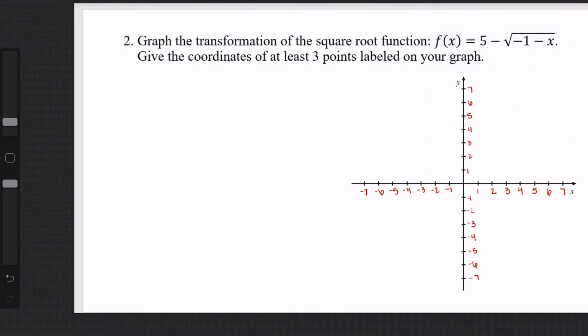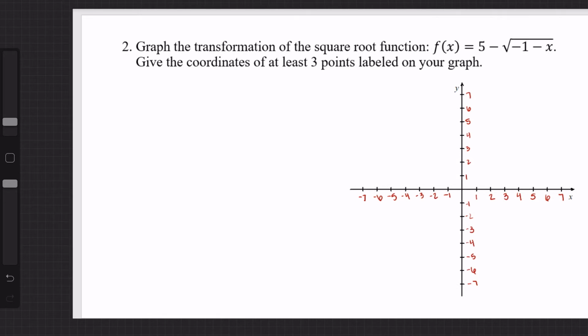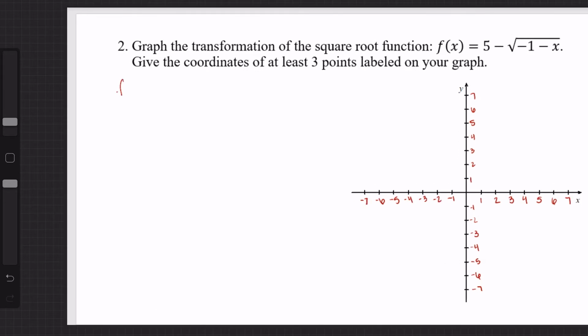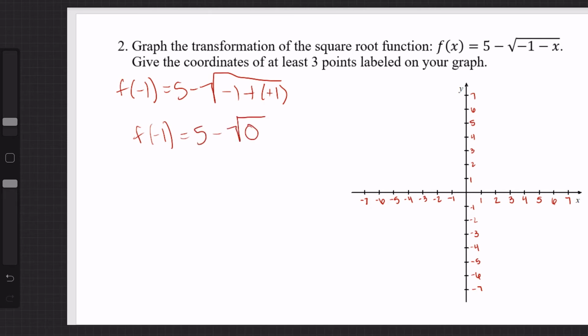Okay, next you're going to want to replace the variable x with -1. So it's going to be f(-1) = 5 - √(-1 - (-1)). Now we just go ahead and simplify, which this is just +1. So that will be f(-1) = 5 - √0.